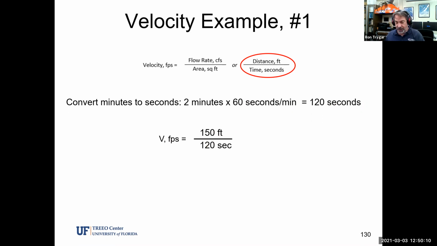So on my calculator, I've got 150 divided by 120, and I come up with an answer of 1.25 feet per second. Okay, there we go. 1.25 feet per second, not 125 feet per second, 1.25 feet per second. So that's our velocity example number 1.